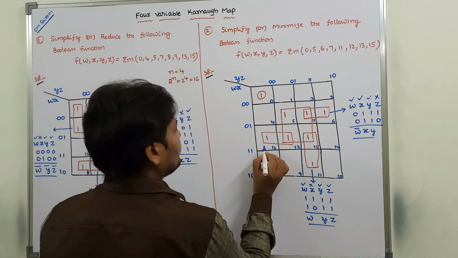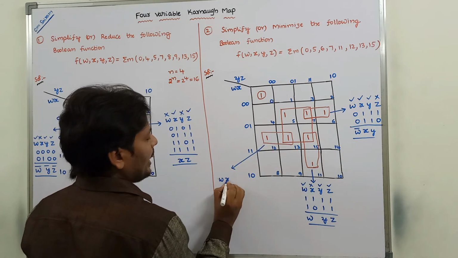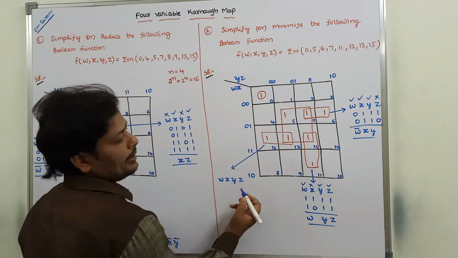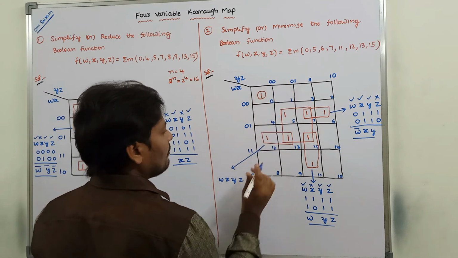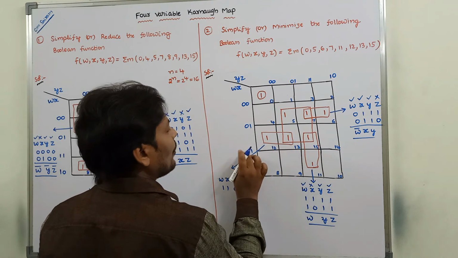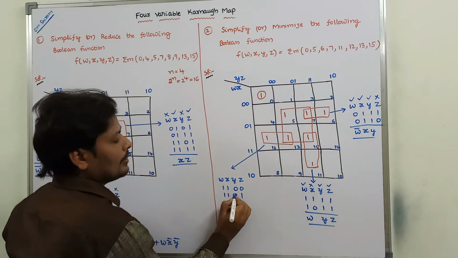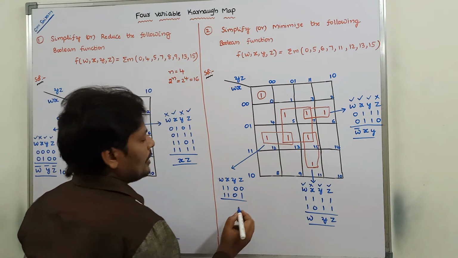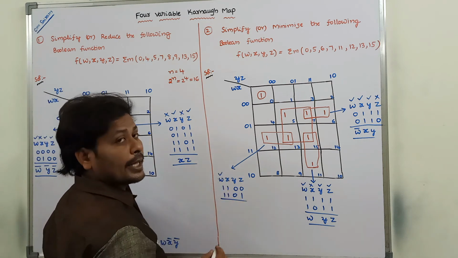Next one. For this one, W X Y Z. For this one, row wise 1 1, column wise 0 0, so 1 1 0 0. For this one, row wise 1 1, column wise 0 1, so 1 1 0 1. Under the W column only ones, so we consider that column.